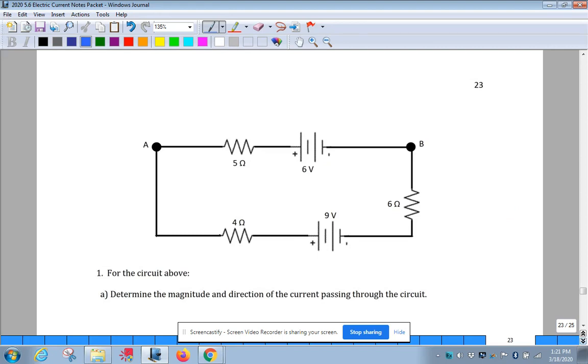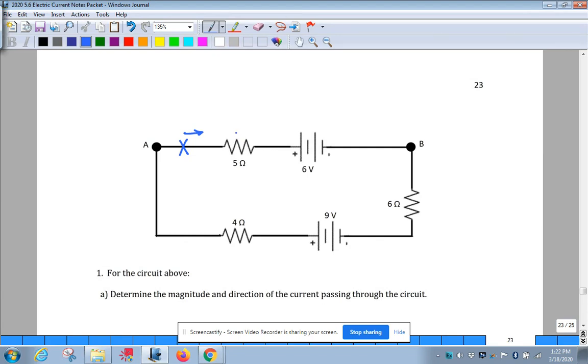So it's a lot easier to do this if you actually apply it in a problem rather than just talking about it. But let's just pick a random point in this circuit. You'll see that the batteries actually have positives and negatives on them already, so we don't have to worry. So this is just our assumed point, and let's just say we're going to go clockwise around this circuit. So we have to find that current that's passing through all these devices.